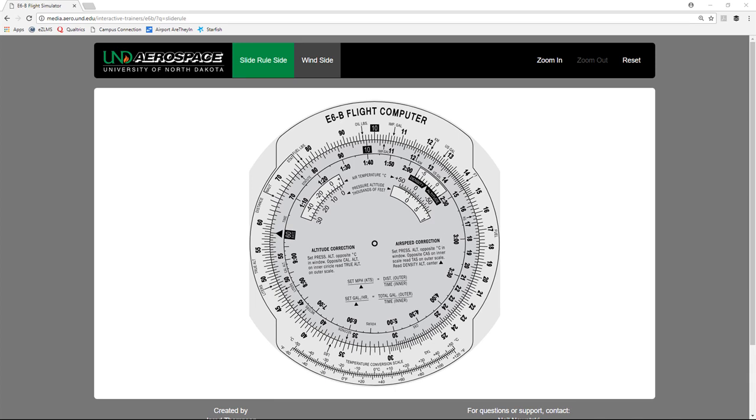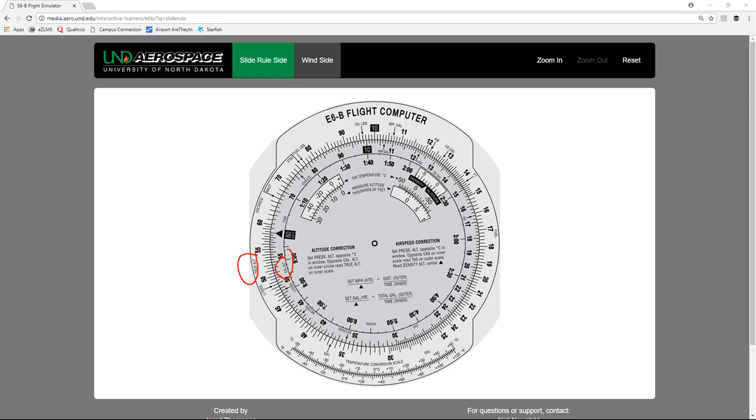So we'll go through a couple of examples here, and hopefully it'll make a little bit more sense. So the A scale, if you look at the E6B, the A scale is labeled true altitude right here, and the B scale is labeled calibrated altitude.